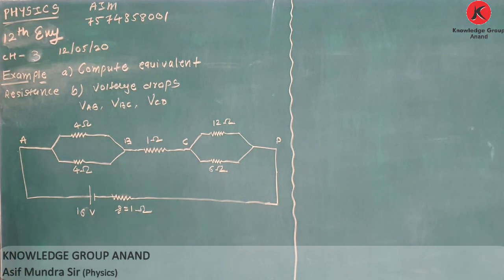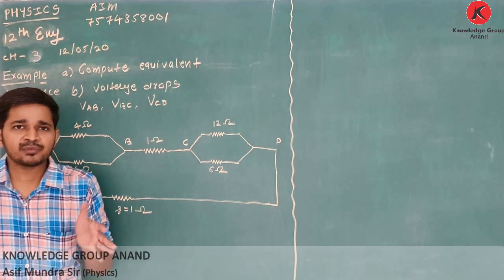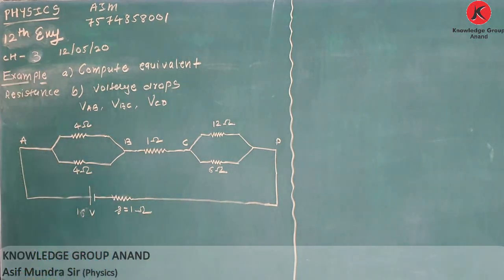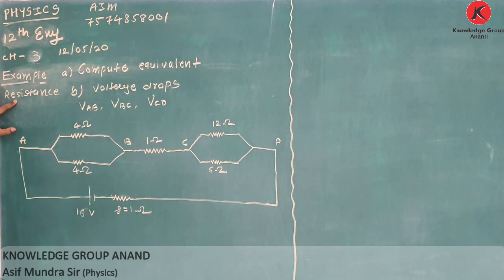Now we will see one question based on EMF, terminal voltage, and series and parallel connection of resistors. Example: question A, compute equivalent resistance, and question B, find voltage drops VAB, VBC, and VCD. You are given one circuit.